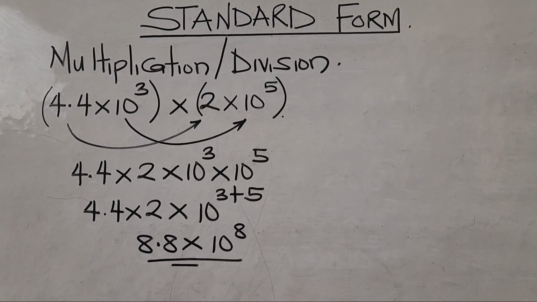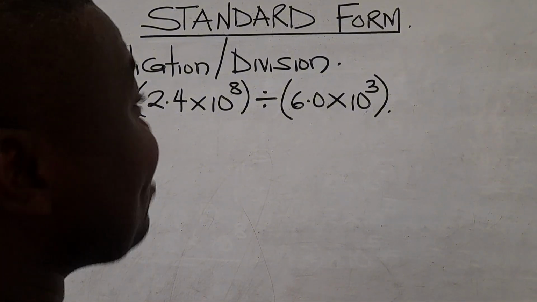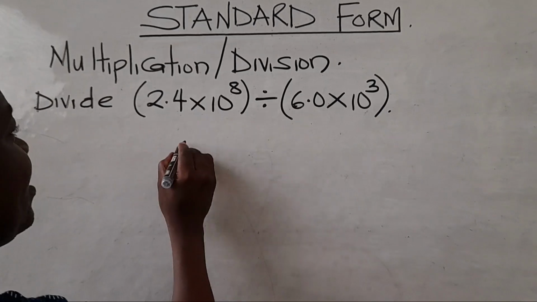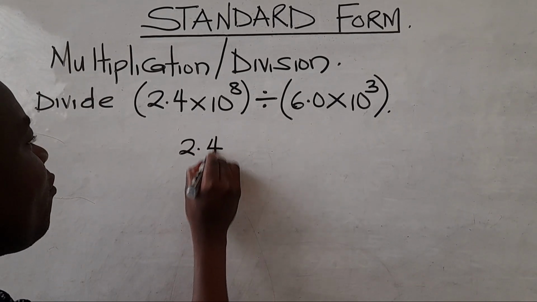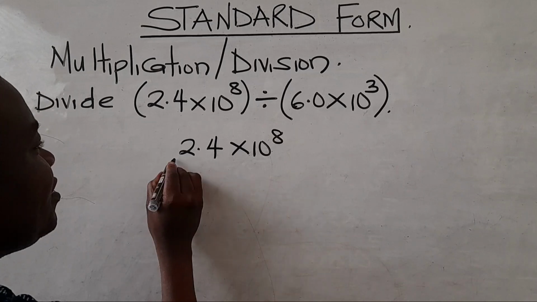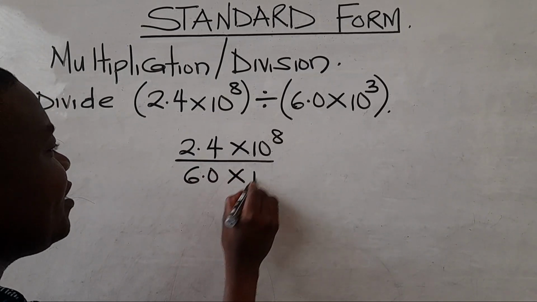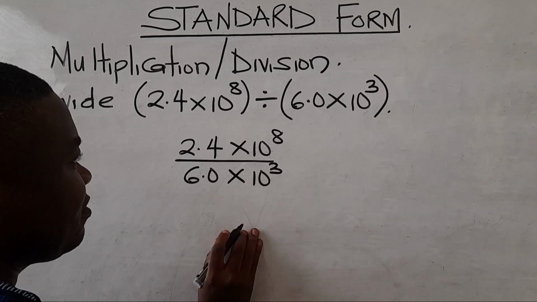Now let's take an example of division. Let's rewrite it so we understand. This is 2.4 times 10 to the power 8 divided by 6.0 times 10 to the power 3.